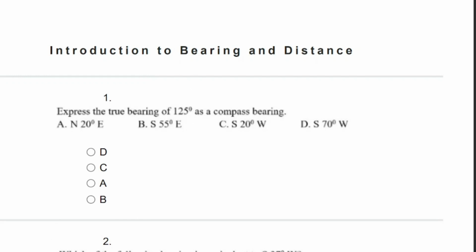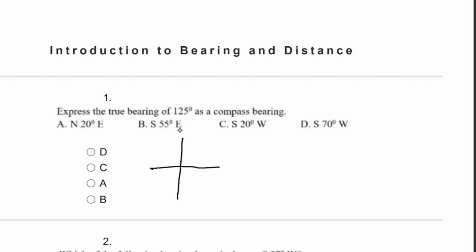Before you do this, the first thing you need to do is to sketch 125 degrees. So how do you sketch it? That is what we're going to do now. You draw your 4 cardinal points.